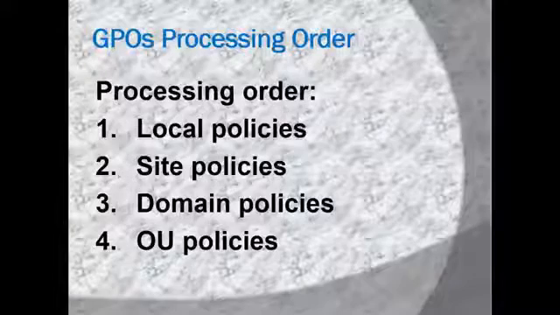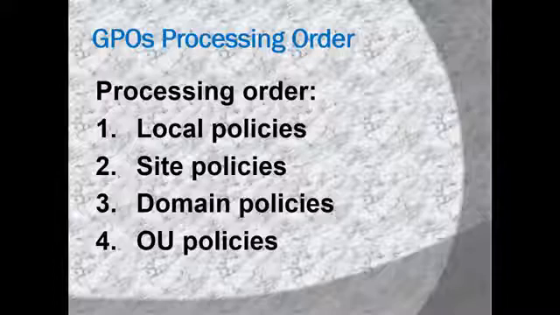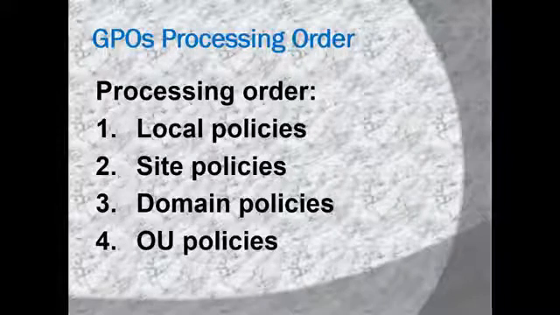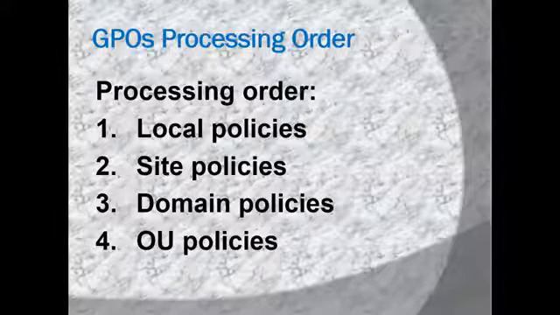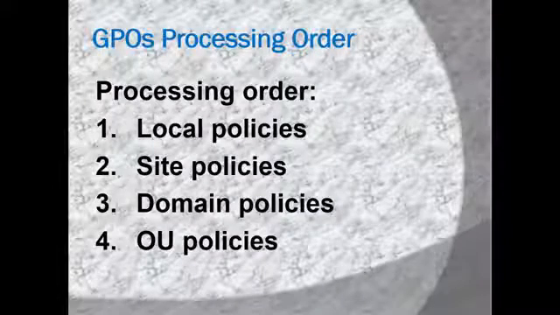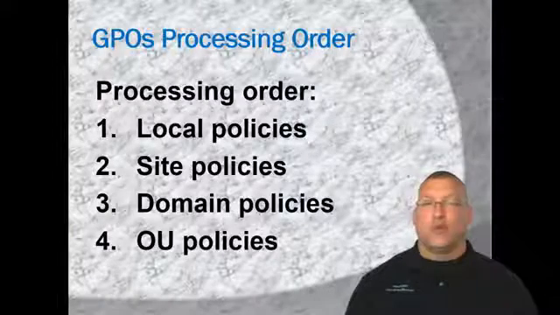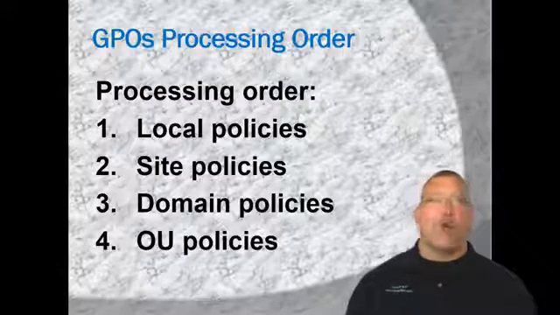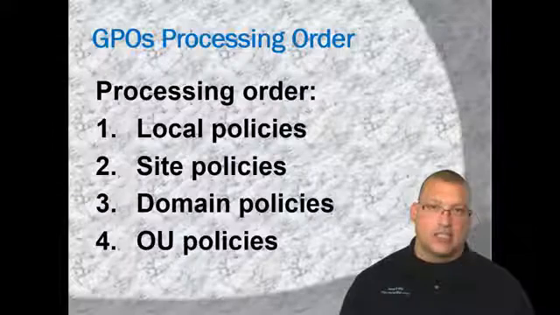This is very rarely done in the corporate environment unless there's a very specific reason you're going to one individual machine to set up a policy. It is sometimes done. For example, let's say that you have Windows 10 installed onto your company's network. And you have one individual that keeps going out to the Microsoft Store and they keep purchasing all kinds of free applications that they're downloading onto their system.